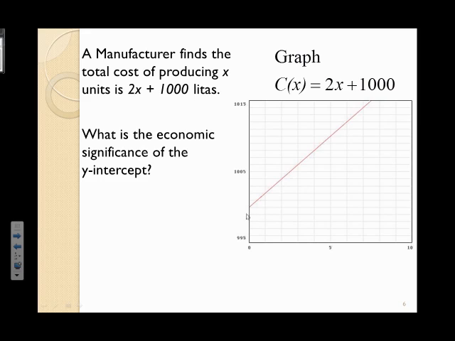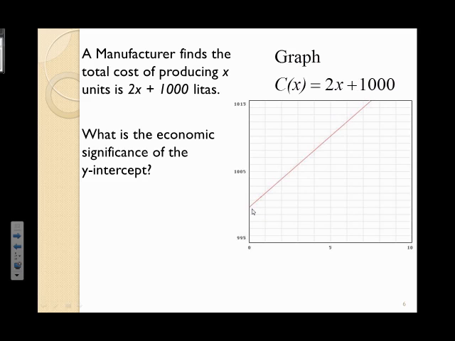Well, when we look at it here, we realize that the y-intercept is at y equals 1,000. And of course, going back to our formula up here, the cost function, if we remember y equals mx plus b, when we use this form, y equals the slope 2x, 2 times x, plus the y-intercept.